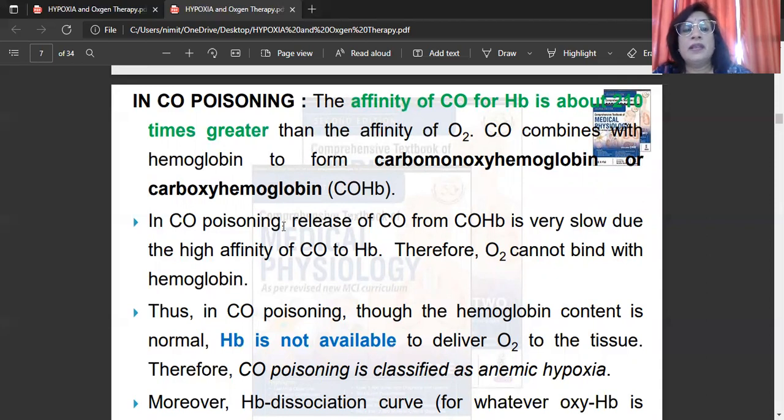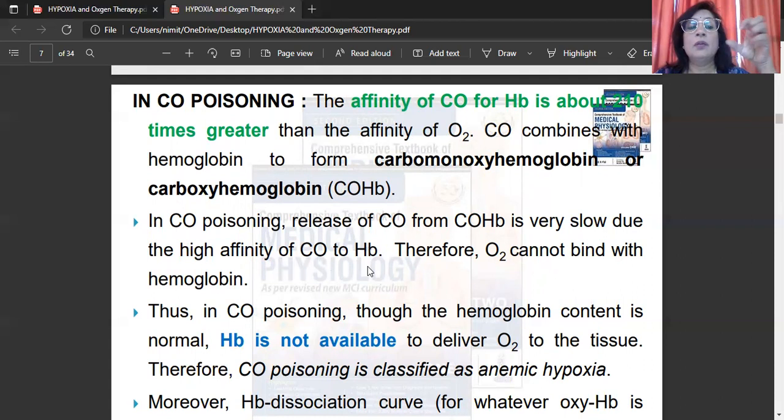So in this carbon monoxide poisoning, release of carbon monoxide from carboxyhemoglobin is very slow. Why? Due to its high affinity of carbon monoxide to hemoglobin.